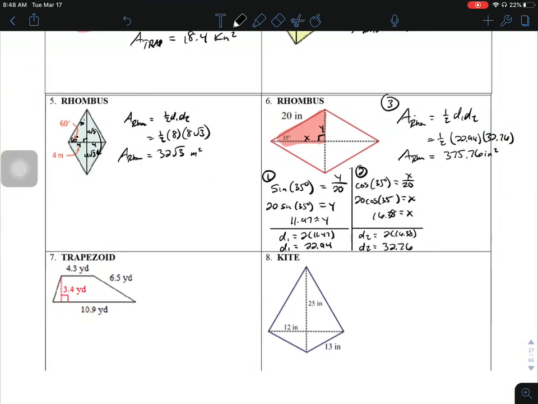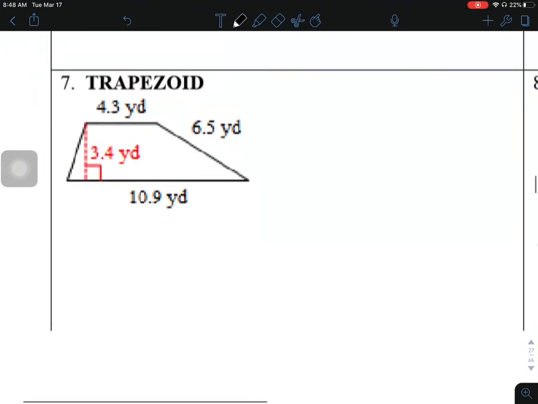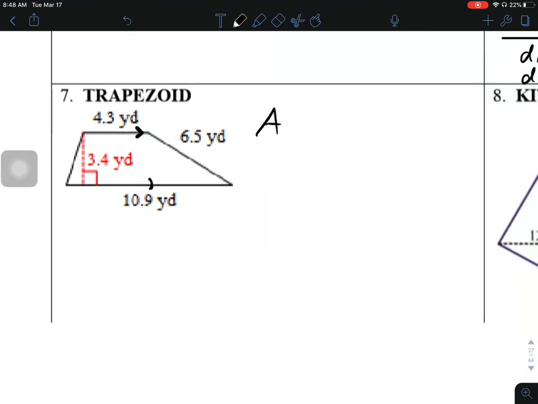That's a pretty tough problem. Nothing you can't handle. Number 7. Well, these appear to be the parallel sides of this trapezoid. The area of a trapezoid is 1/2 the sum of the bases times the height.